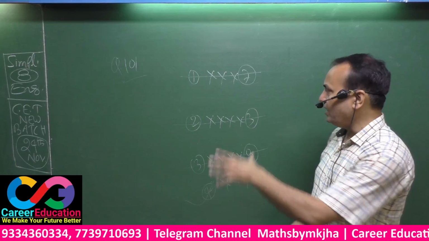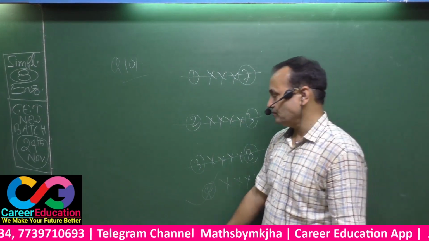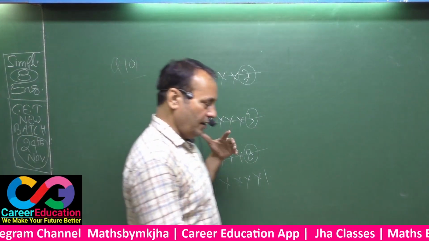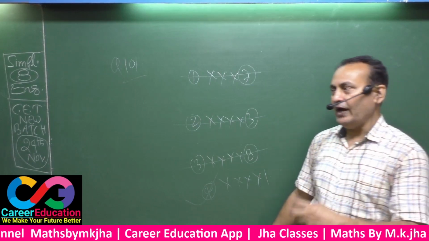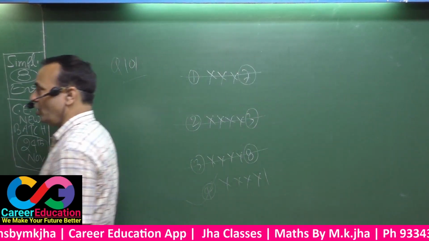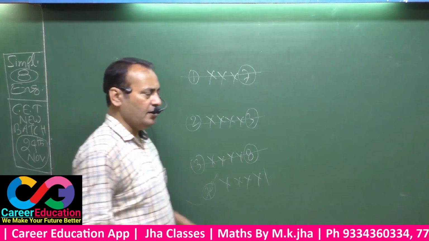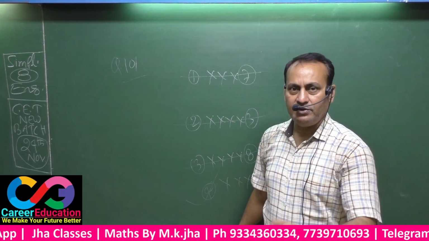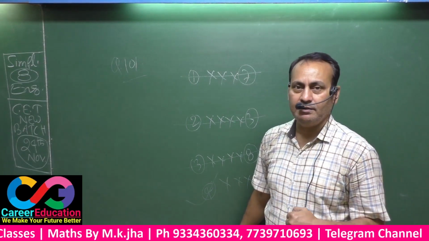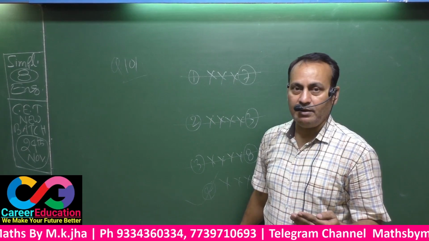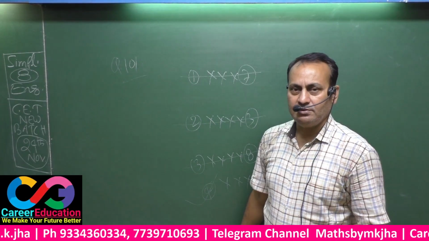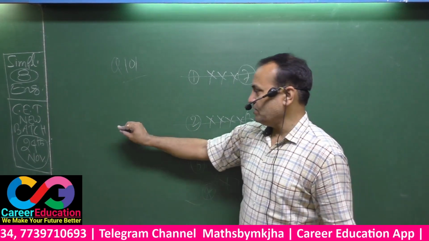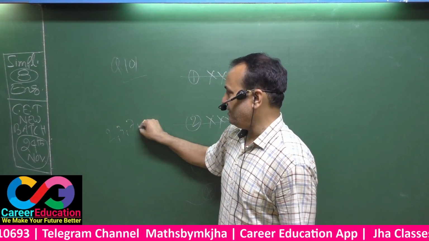Firstly, note down, then you have to copy this. Note down. In order to be a perfect square number, the unit place must not be 2, 3, 7, 8.